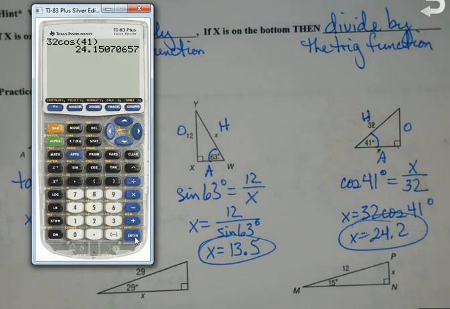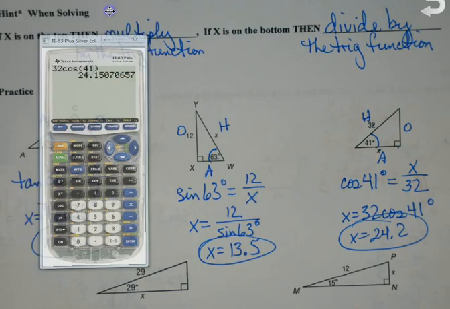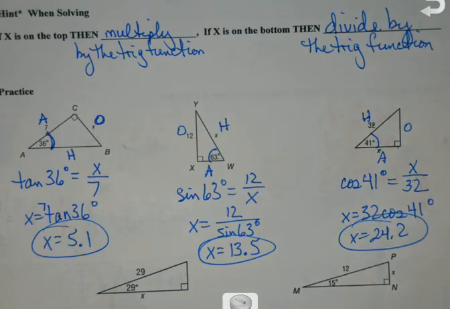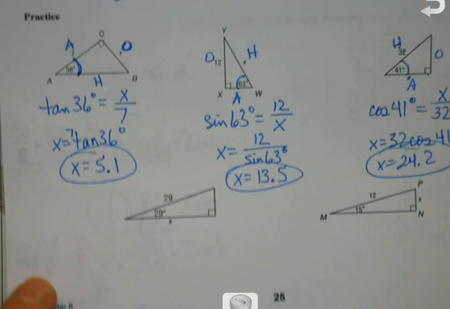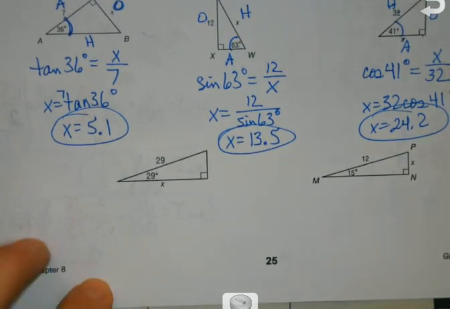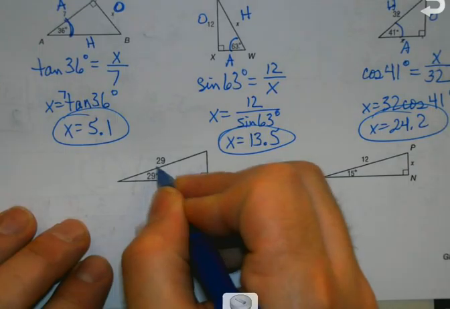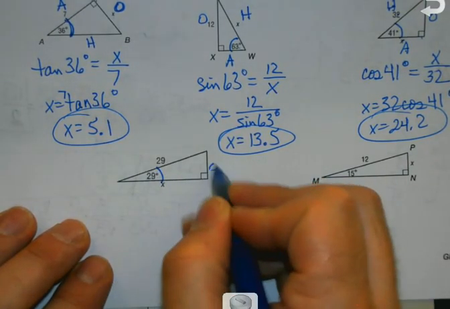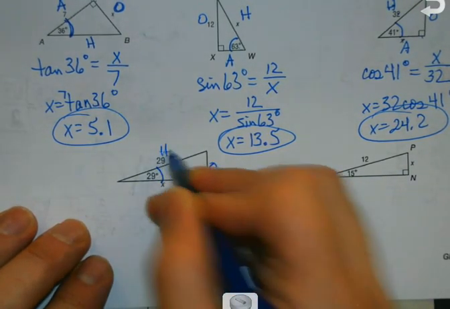Okay, one more. And then we'll go ahead and give this a go here. Get that guy out of the way. We'll come down here. Still can fit, good. And again, just label your sides right away.